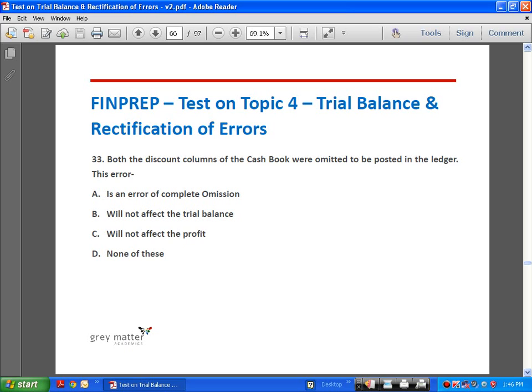That is, the discount received has not been posted to the discount received account, and the discount allowed has not been posted to the discount allowed account. It will not affect the profit? It will affect the profit because discount allowed has the impact of reducing the profit, and discount received has the impact of increasing the profit. So if we do not record for these transactions, it will definitely have an impact on the profit. So answer is none of these. Right?